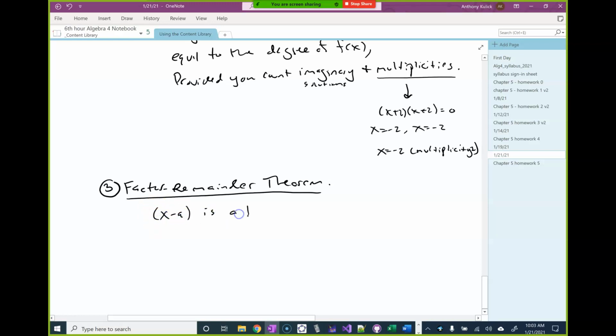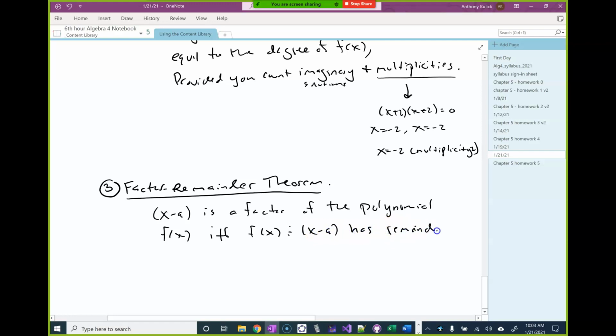And the last one that we'll look at today is called the rational roots theorem.